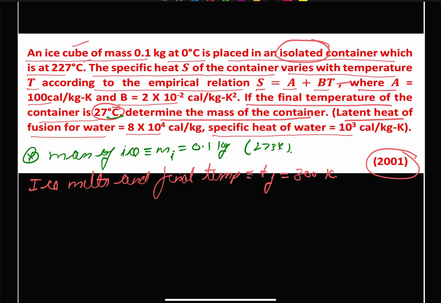The initial temperature of the container is given as 227 degrees centigrade. So we can say container initial temperature, let us call this TCI, will be equal to 227 plus 273, so it will be 500 Kelvin.